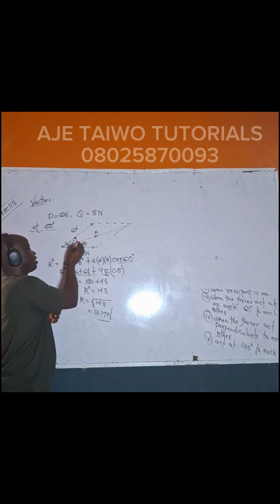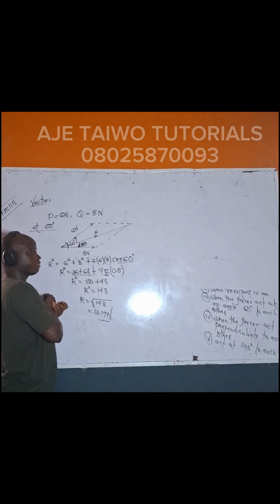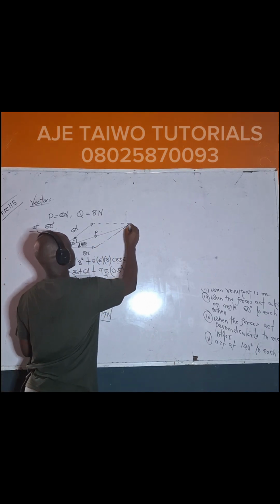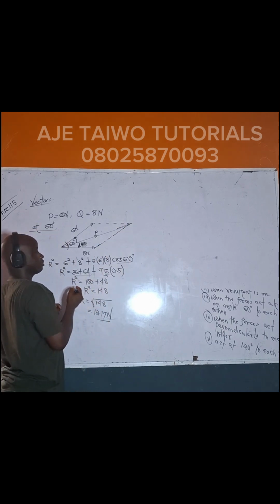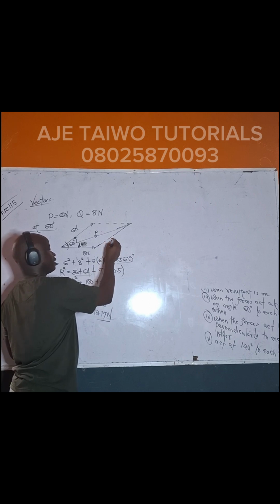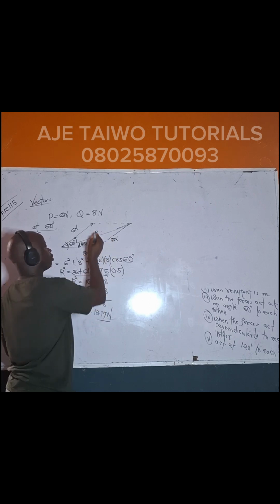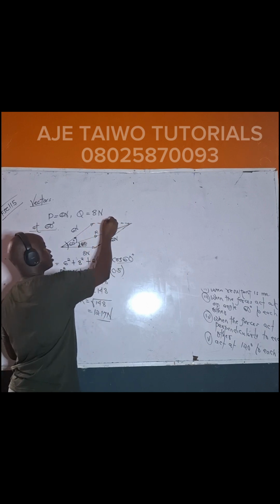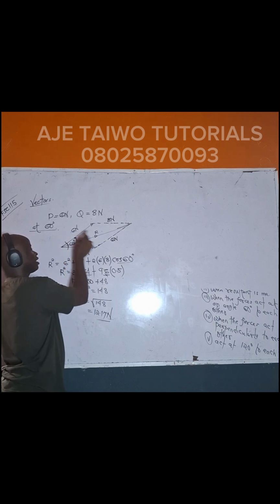Let me find the angle it makes with the 8 Newton force. Who can tell me what's the value of this side? 6 Newtons. God bless you. What's the value of this side? 8 Newtons. Because if there is 6, there will be 6.